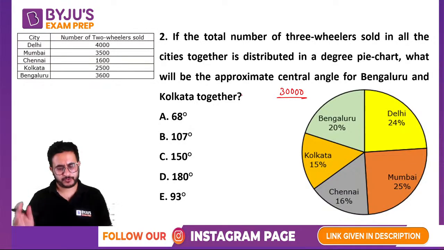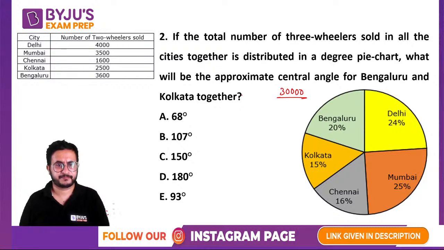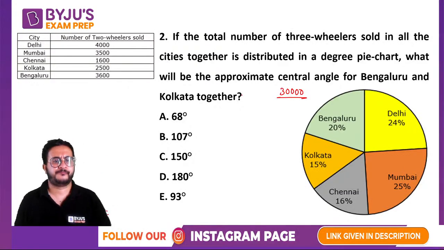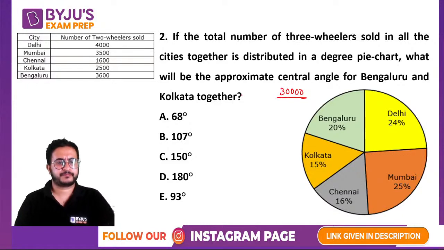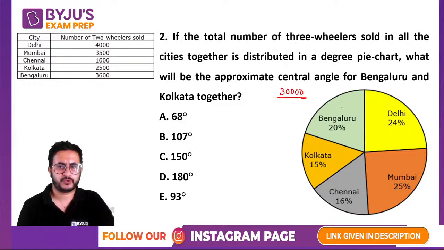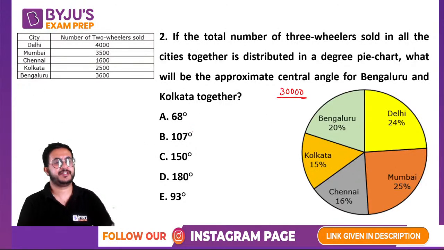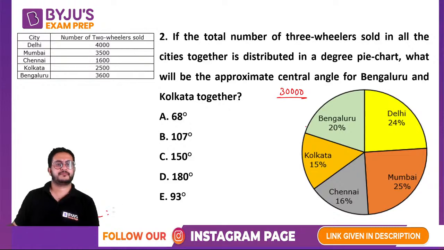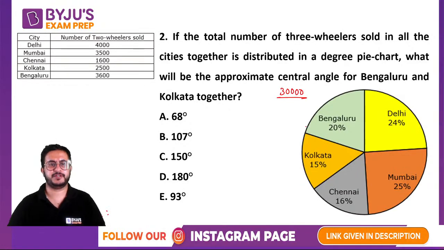Or will you skip this question in the examination? There's a chance that you can skip it also. This pie chart gives you total vehicles, and this is two-wheelers. For three-wheelers, how did we calculate? We calculated by subtracting the number of two-wheelers from the total, like we did in the previous question for Mumbai.